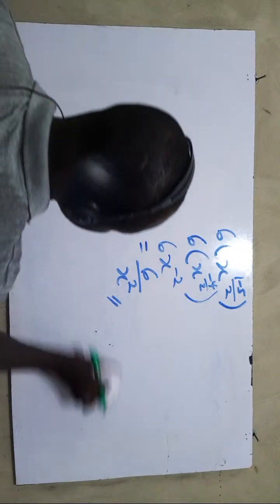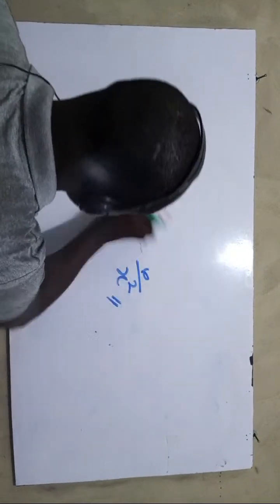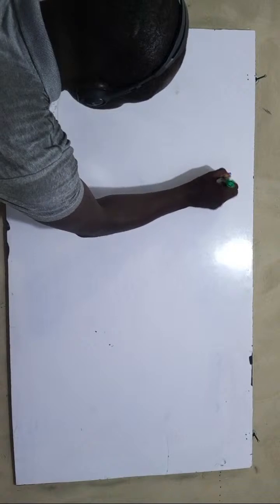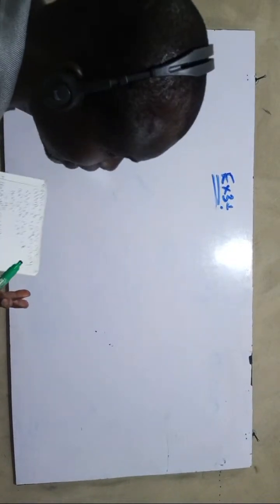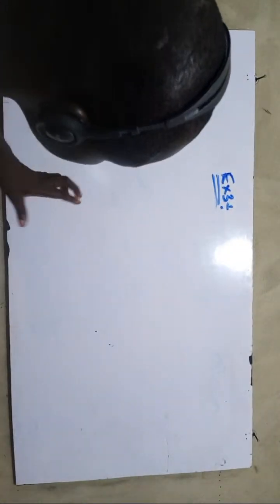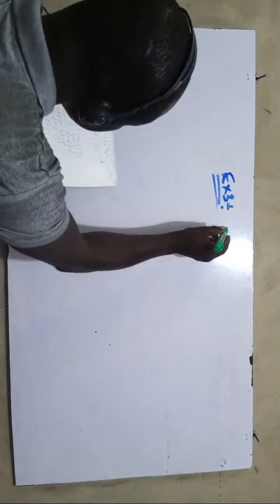I promise to check the comment section, then solve the problem. If you're unable to solve it, I will do that for you. Then let's take example 3. This will be the last example that I'm going to take under the law of indices before I go to simple exponential equations. So let's see this example.